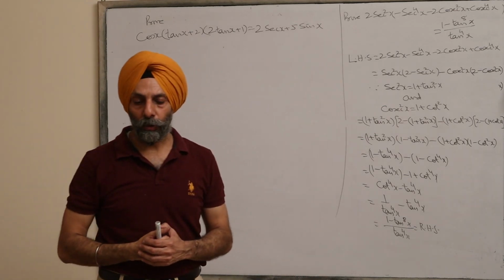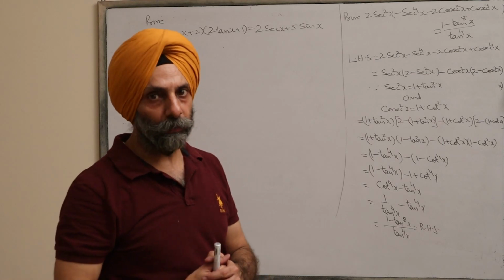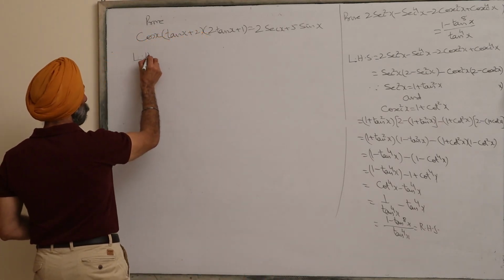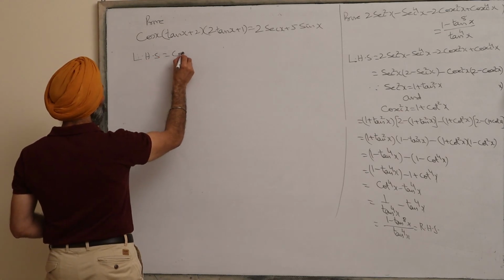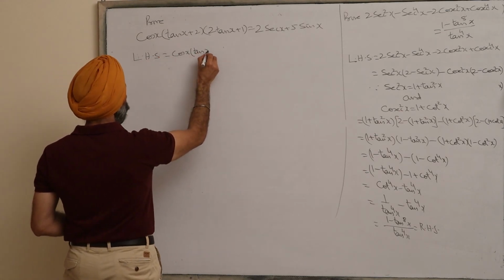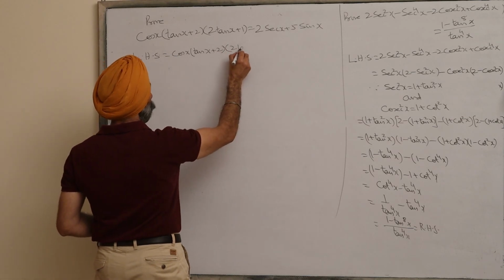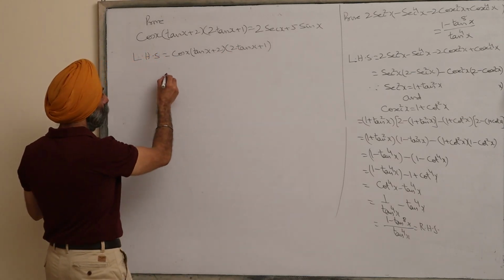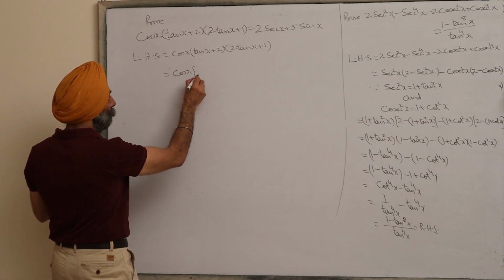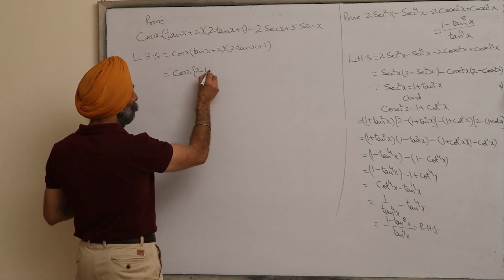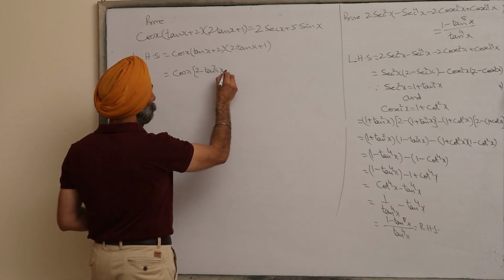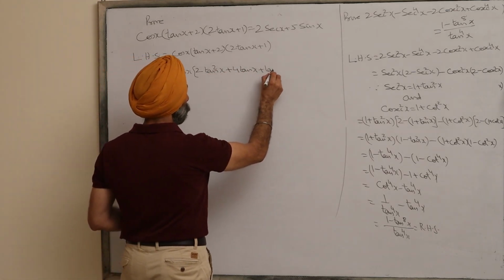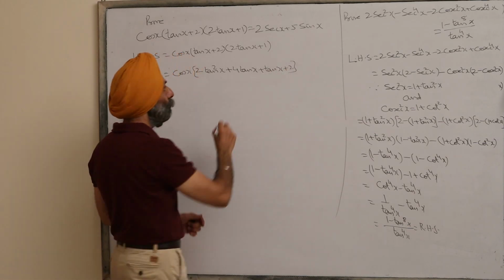So again, starting from the left hand side, this is your cos x into tan x plus 2 into 2 tan x plus 1. So this can be written as cos x into 2 times tan square x plus 4 tan x plus tan x plus 2 here.